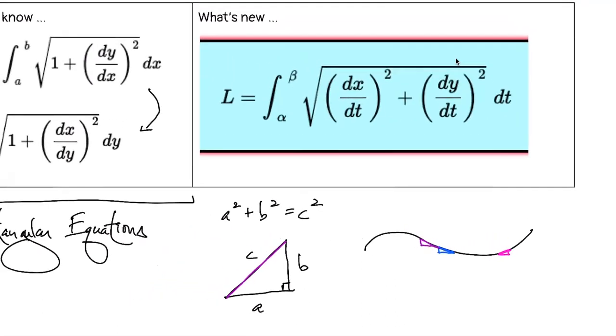And so if we cut it up into an infinite number of tiny triangles, and we find all those hypotenuse lengths and then add them all together, we're going to get the length of the curve. Okay?